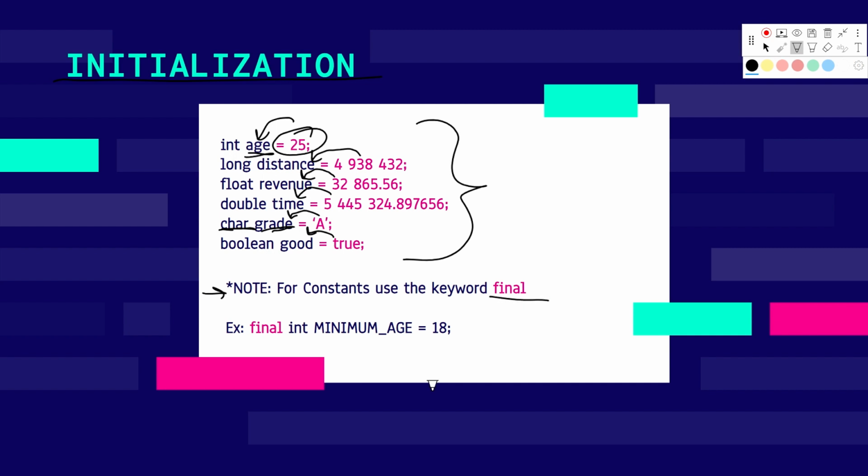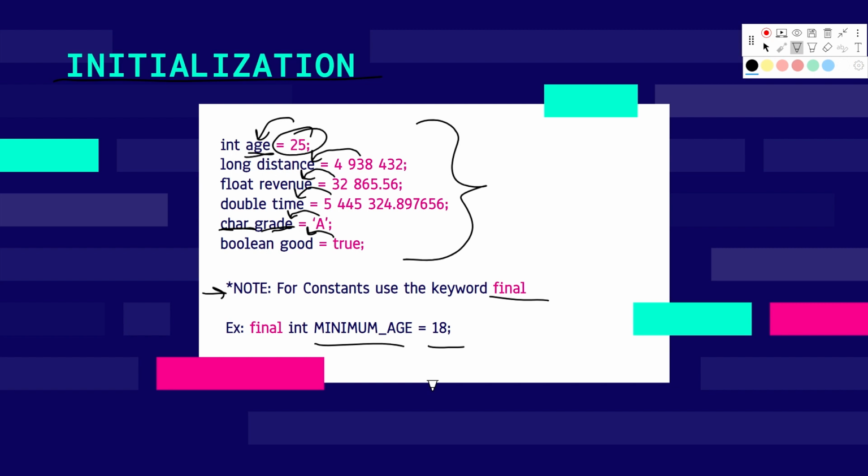So if, for example, you're writing code and the code will need a variable like minimum age, which will always be equal to 18, that number will never change. Minimum age will always be equal to 18.